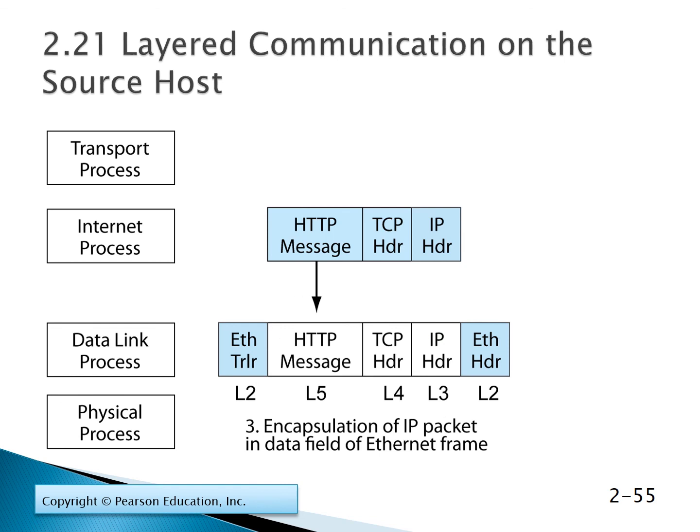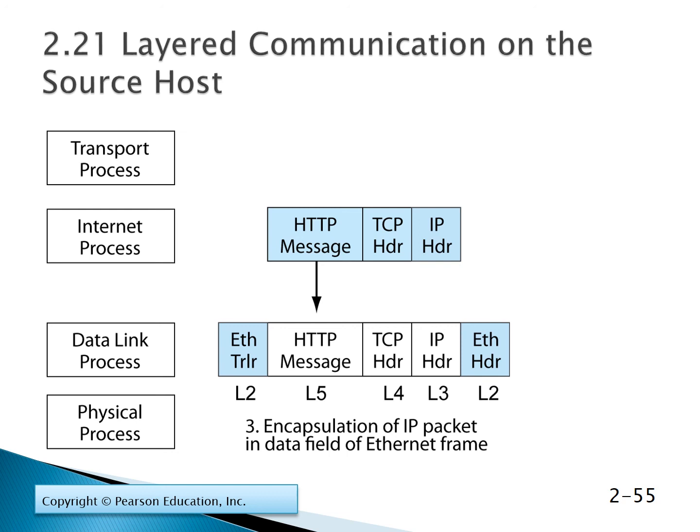The whole IP packet will then be passed to the data link layer, layer 2. Layer 2 will add the header and the trailer based on the Ethernet protocol, and then it becomes a frame. So we encapsulate the IP packet as an Ethernet frame.